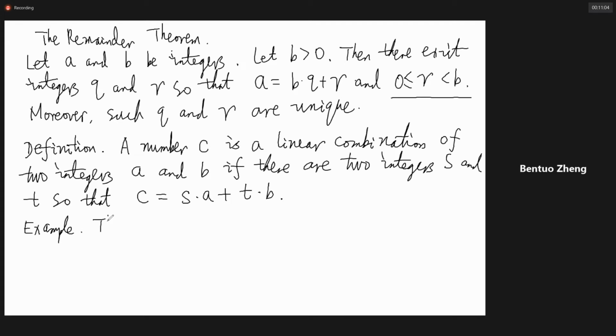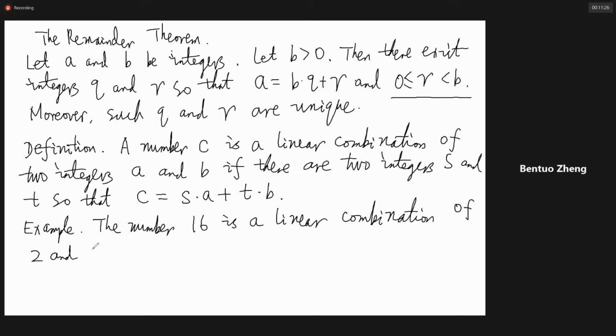So the number 16 is a linear combination of 2 and 3. Why is this true?